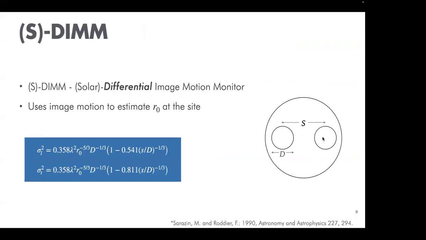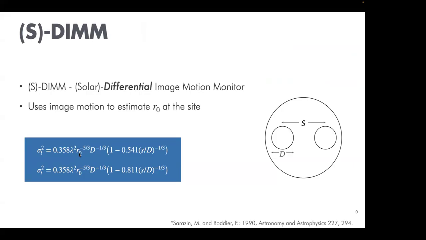You estimate the longitudinal and transverse motion, which is the image motion along the line joining these two subapertures and perpendicular to it. Then, from your experiment, with the wavelength of observation, S and D being your subaperture diameters and separations, you can get r0, which is your Fried parameter.